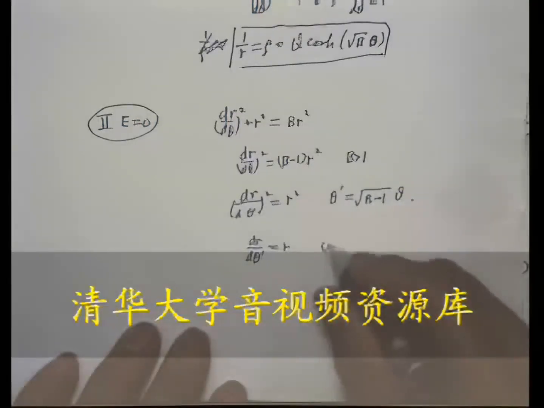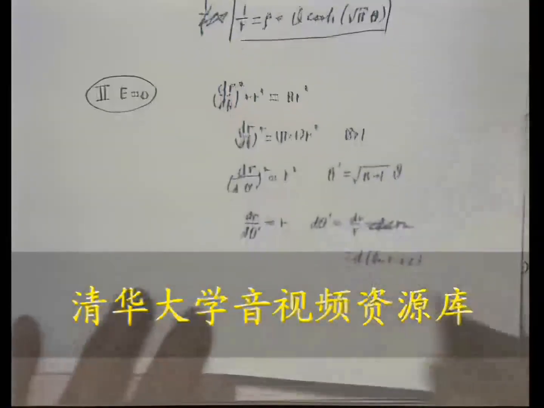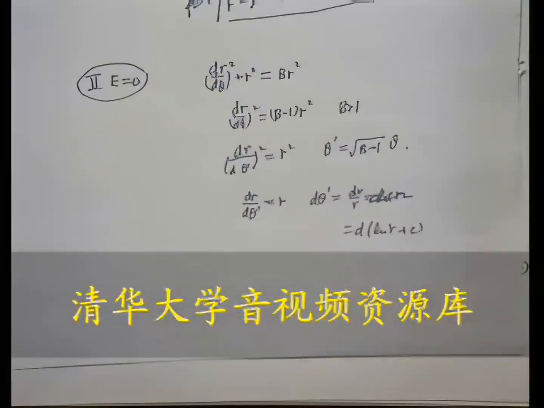So dθ' is equal to dr over r, which is equal to d log of r plus a constant. This is a natural logarithm. That means logarithm with respect to e.